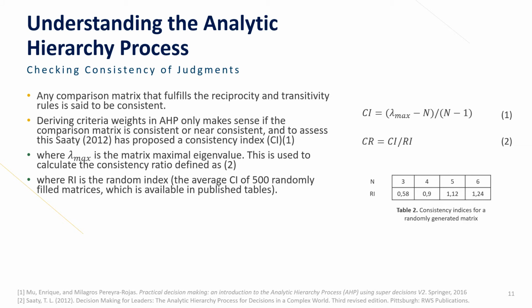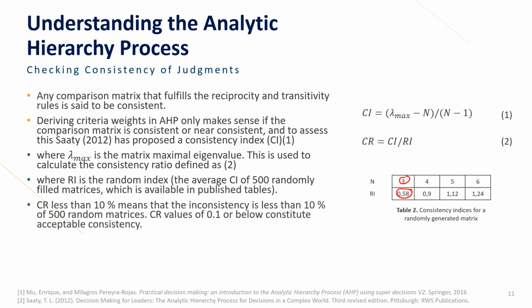For example, if you have 3 criteria, the RI will be 0.58. But what about less than 3? Basically, you can only compare 1 and 2. For 1, you don't need to make an AHP, you just directly choose that one. However, if you have 2, your comparison will always be consistent. So the table starts from 3 here.